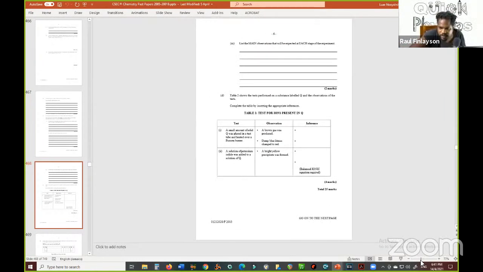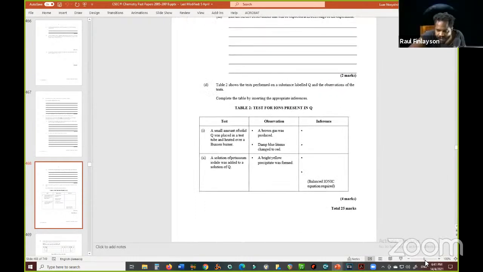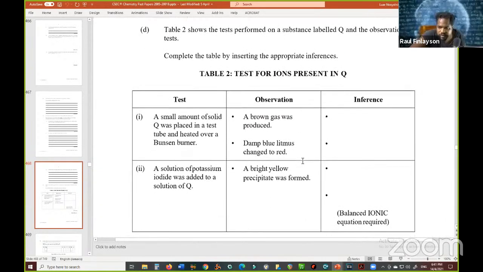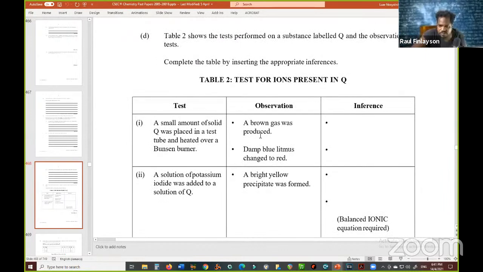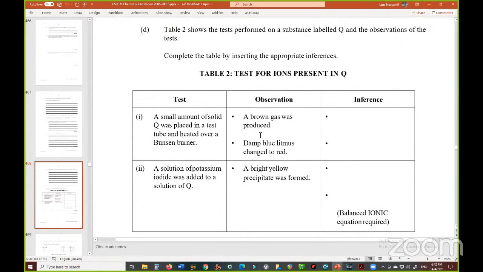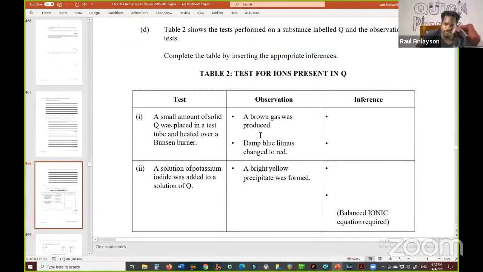This was 2013. Look at this, guys. Everybody seeing this? Yes, sir. All right. Question D of the first question from 2013. Table 2 shows the test performed on a substance labeled Q and observations of the test.